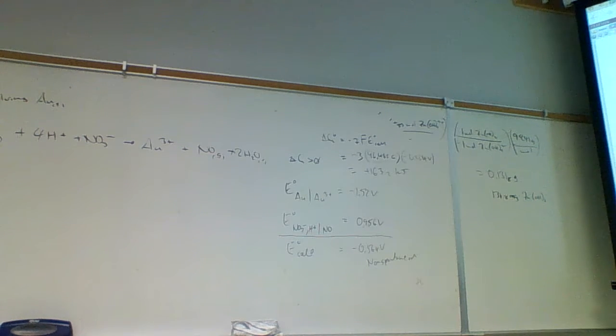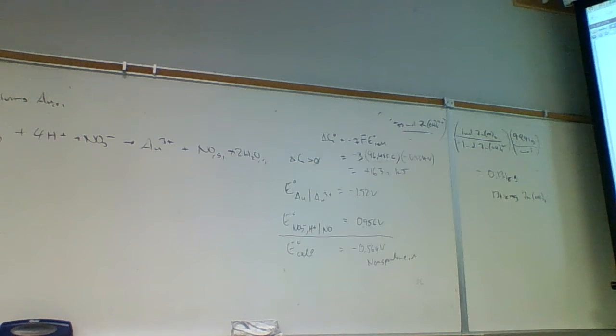So if we take the gold 3 ion and complex it with 4 chlorides, then we can form this ion, the tetrachloroaurate ion, which is going to have a minus charge here. And so this is the combined method. So if I combine these two, I get gold solid plus 4 chlorides goes to tetrachloroaurate. Okay, this is going to have a much higher oxidation potential because we're removing the gold 3 out of there.